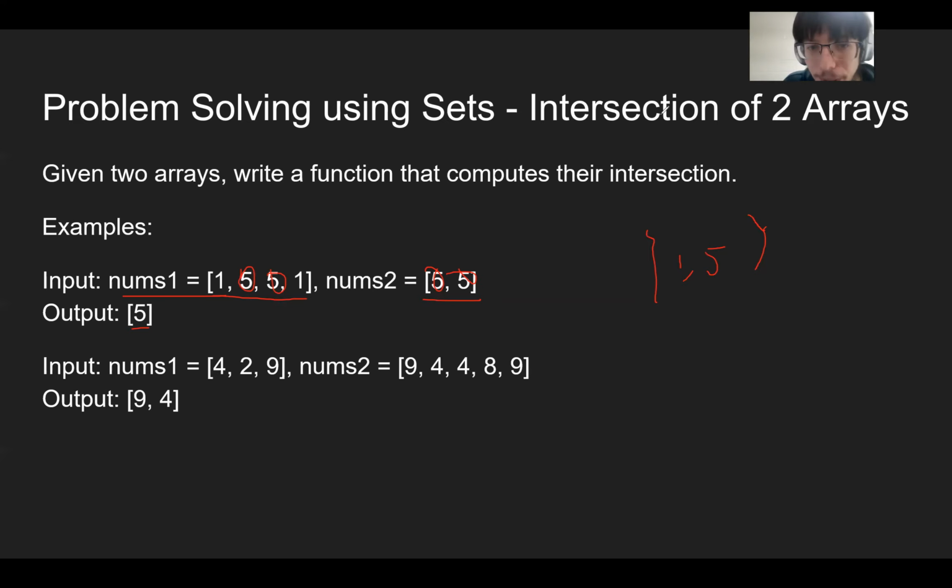Maybe your first thought is, all right, let's make this set and let's make a set for the other one too, right? And that's a good thought to have. So make 2 sets. And now that we have 2 sets, maybe you want to try and find the intersection of them. You might want to iterate over a set, but it's kind of hard to iterate over a set.